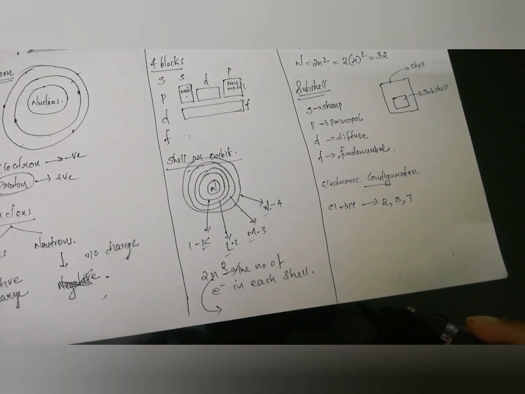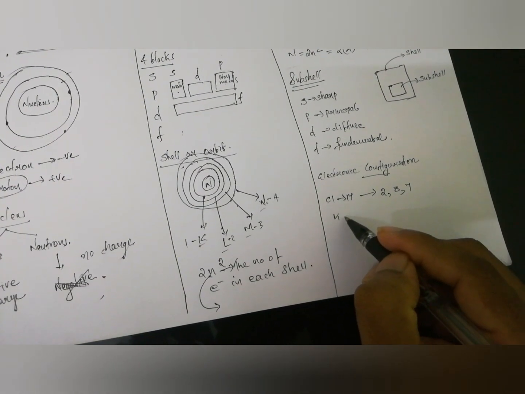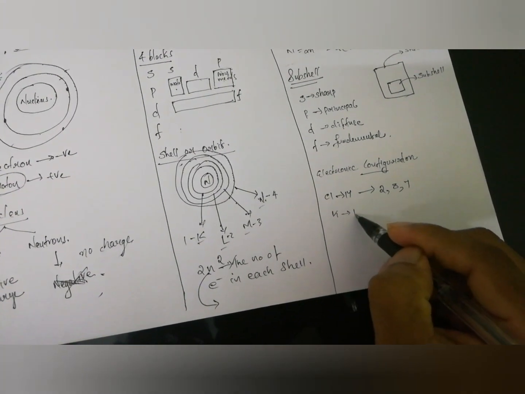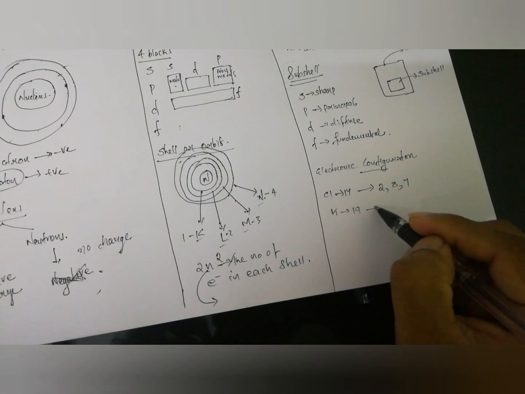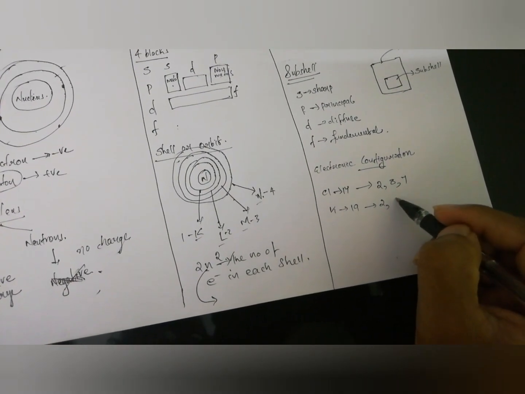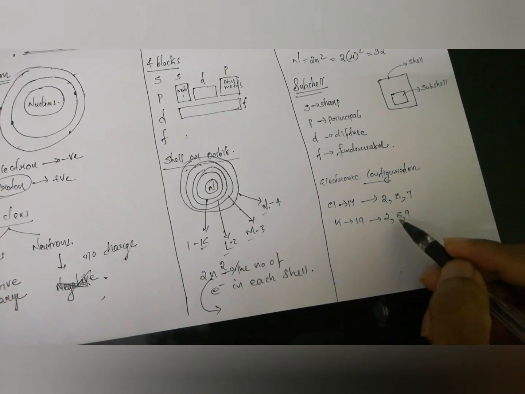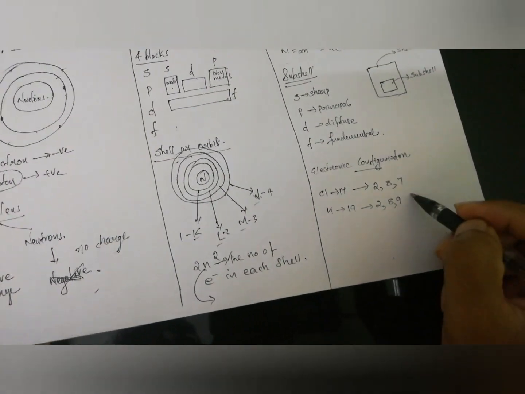In the case of potassium, the atomic number is 19. We can write the electronic configuration in the same way: 2, 8, 9. Is this correct, guys? No, this is wrong.